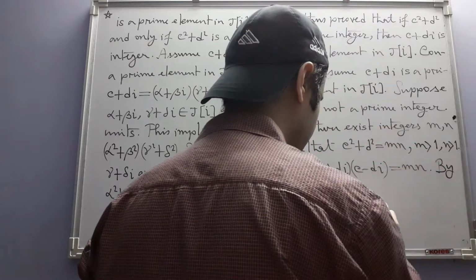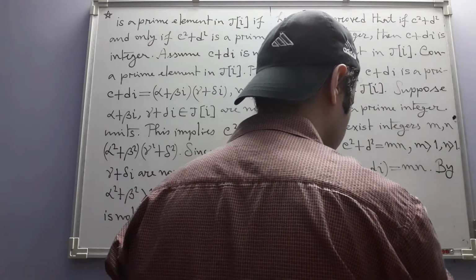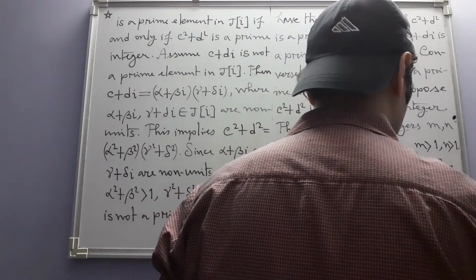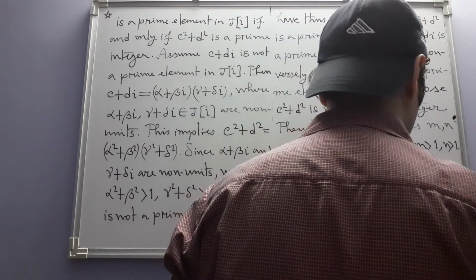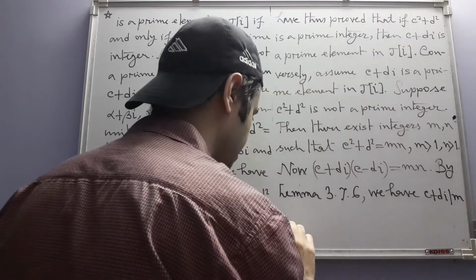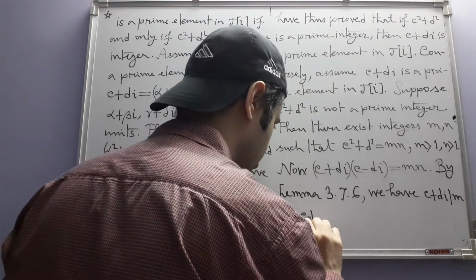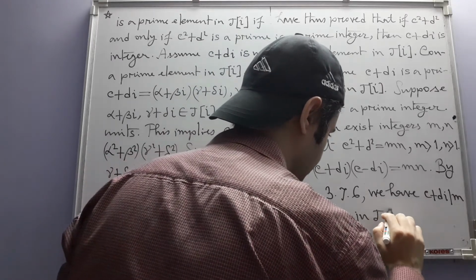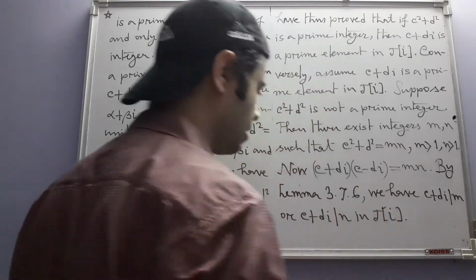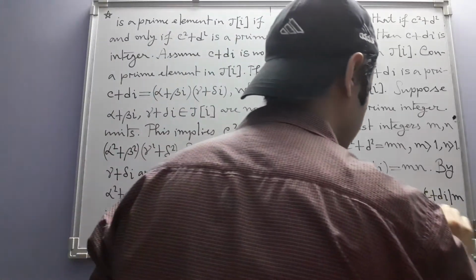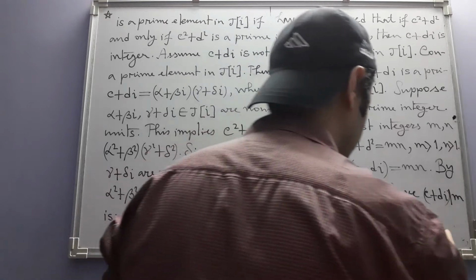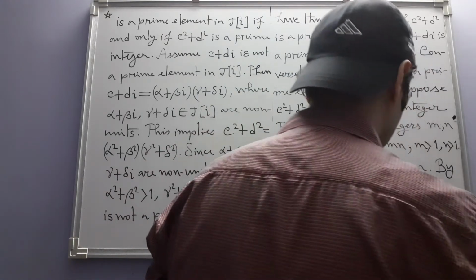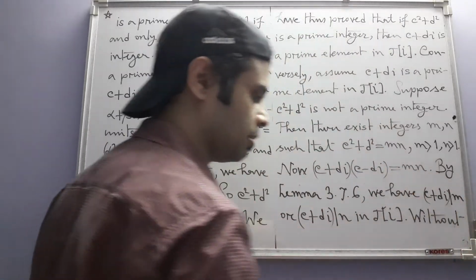By lemma 7, we have C plus di dividing m, or C plus di dividing n in Ji. The division has to happen in Ji. Without loss of generality, we assume this one.